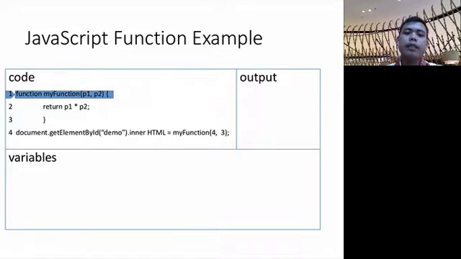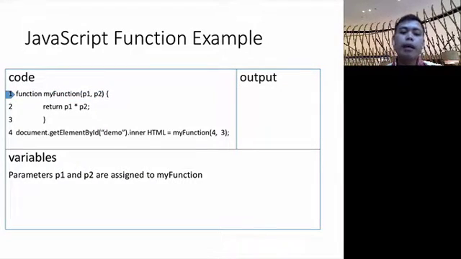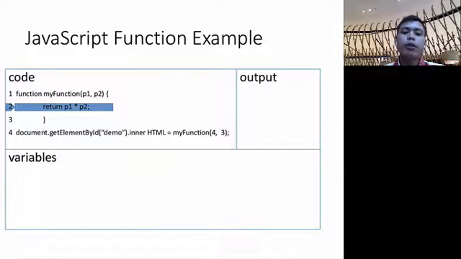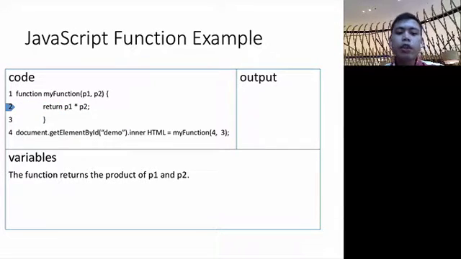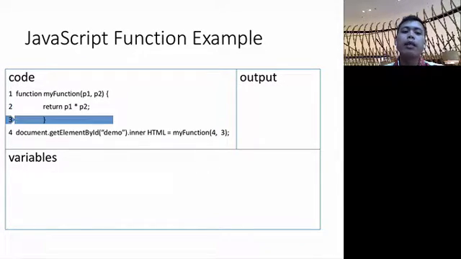The first line says function myFunction(p1, p2), meaning the parameters p1 and p2 are assigned to myFunction. On line 2, there's return p1 * p2; meaning the function returns the product of p1 and p2. Whichever values are assigned to p1 and p2 later on, this formula returns the result.